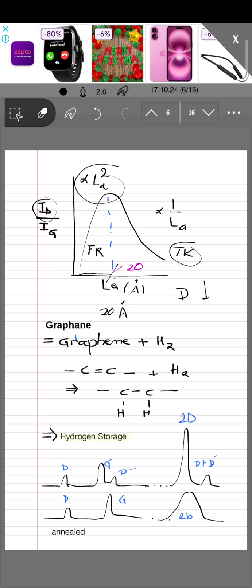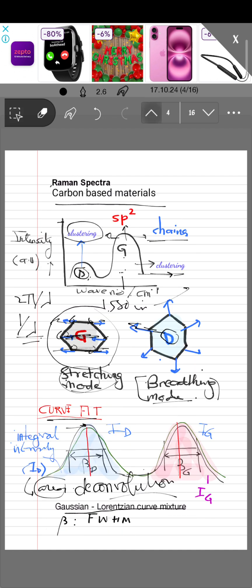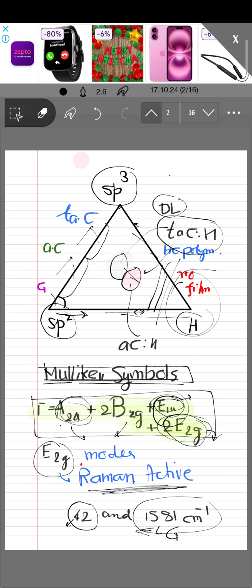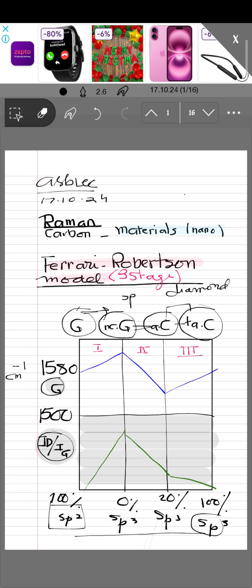Now, based upon this, the model was created as we showed in the first slide. So here you can see that the crystallite size is going down in this case, and it has further gone down in this case. This ID by IG ratio, as you can see in the first, increases with increasing size.